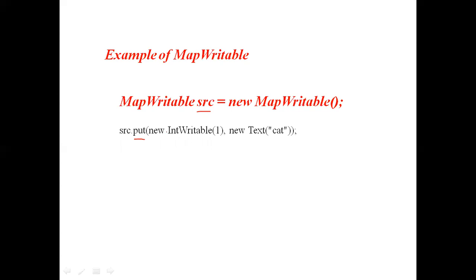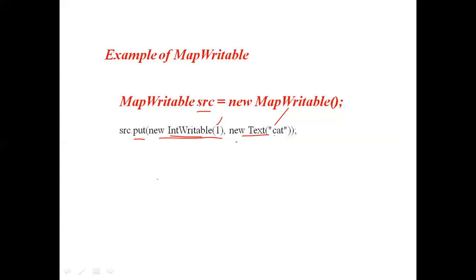src.put(key, value): new IntWritable(1), this is the key. One is the key and cat is the value. One comma cat. We are giving the key value as one, and this is the cat. Clear. Why are we taking IntWritable and Text here?